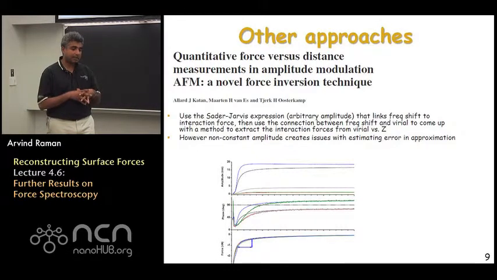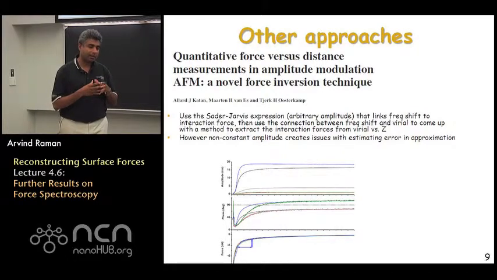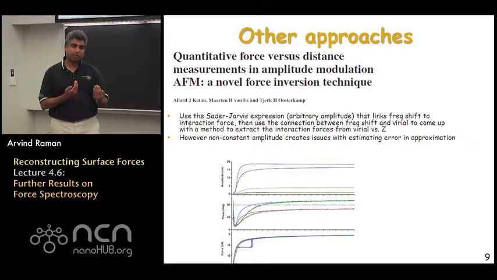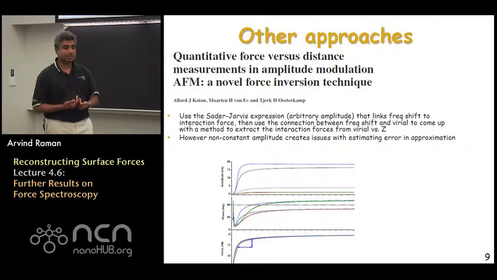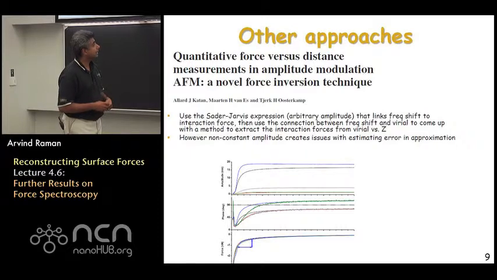But in this case, they came up with the idea that, if we can use the Sader-Jarvis formula for arbitrary amplitudes to convert frequency shifts into forces, why can't we borrow that approximation of the inversion that was done in the Sader-Jarvis method and apply it to AM-AFM? Because after all, we're also measuring virials versus distance, which is related to frequency shift versus distance in this case.